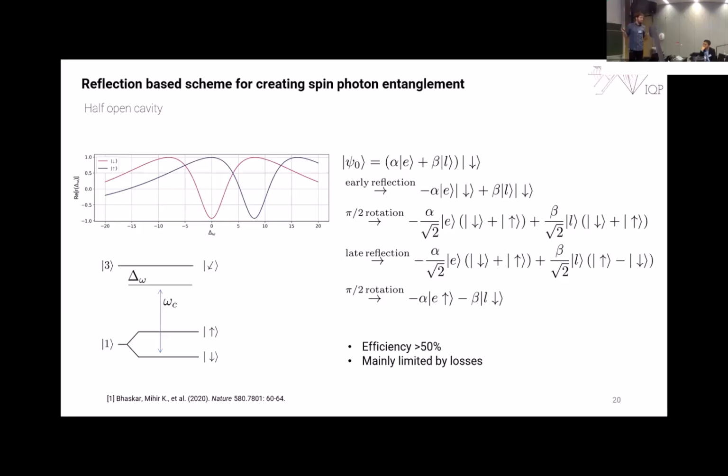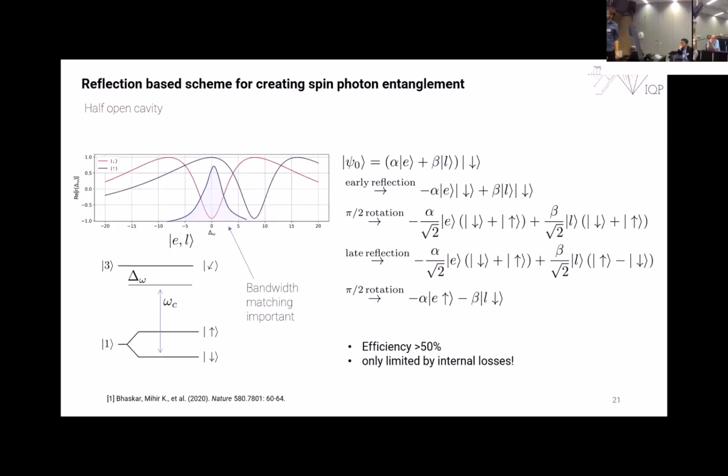Now this can in principle have a much higher efficiency, so it can be larger than 50%, and you are mainly limited by losses. So there are two aspects to this: the efficiency and the fidelity of the state that we create. The efficiency is of course very important, and the fidelity of the state that you can create can be affected, for example, by the bandwidth of your early and late photons.